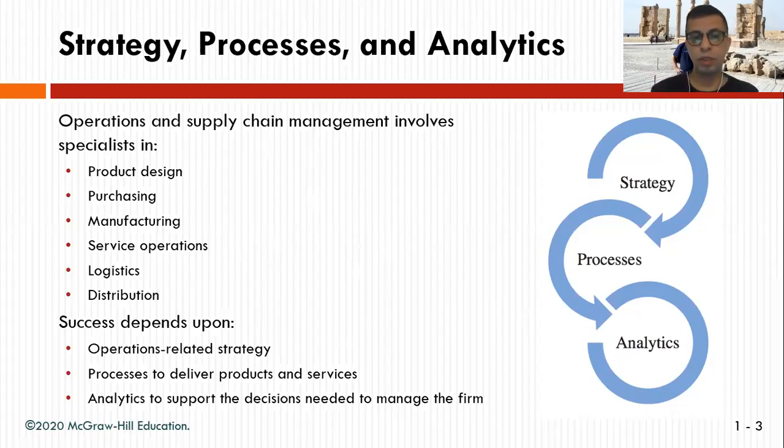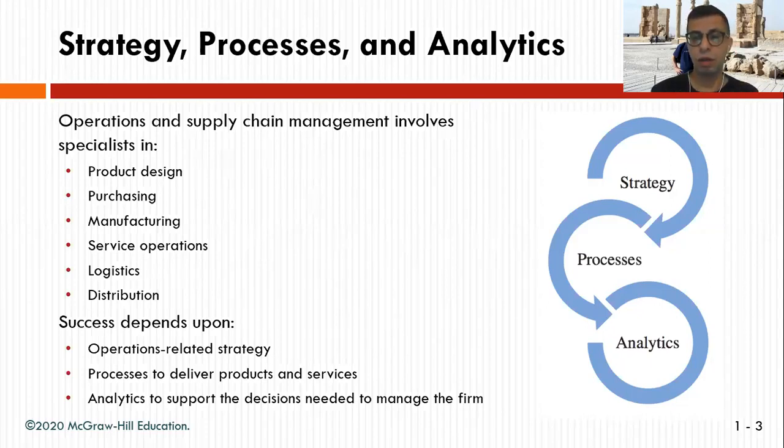Now, operation and supply chain management involves specialties in these fields that you probably can run into if you're going to work in this field, and we will also be talking about them during the year. It's about product design, purchasing, manufacturing, service operation, logistics and distribution.